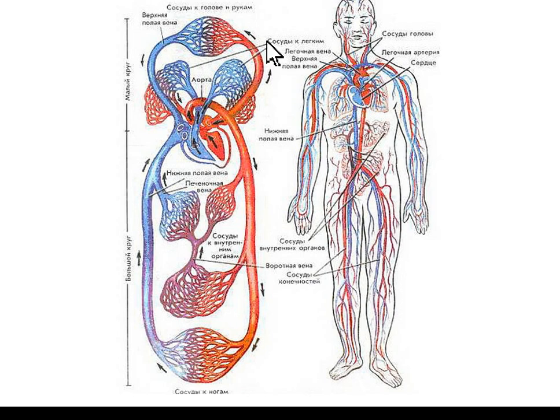Gas exchange occurs inside the organs, and venous blood flows into the right atrium by the superior vena cava and inferior vena cava. This is pulmonary circulation. This is systemic circulation of the blood.